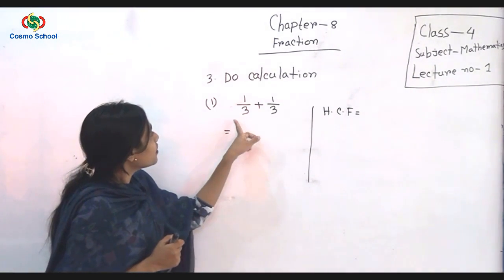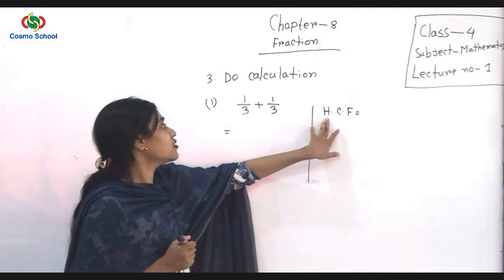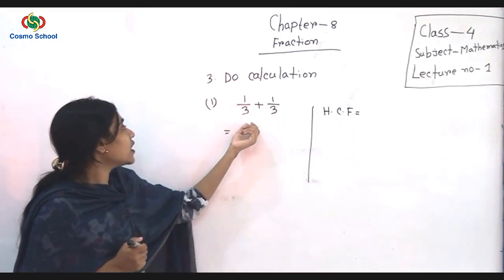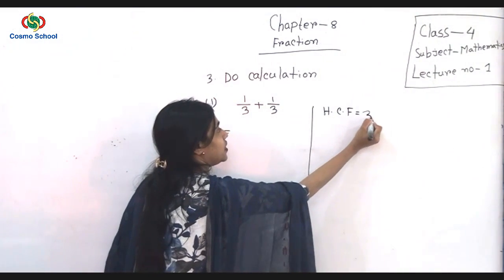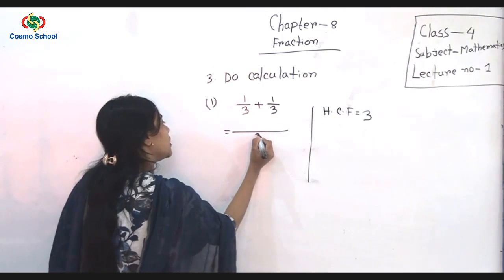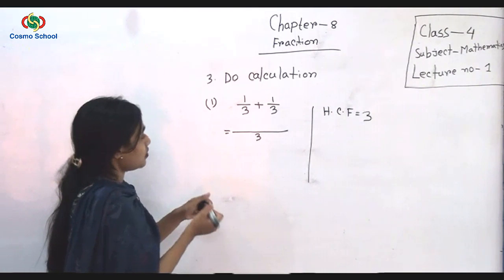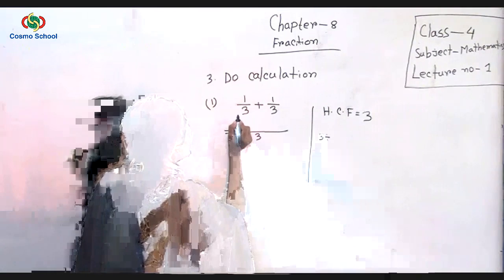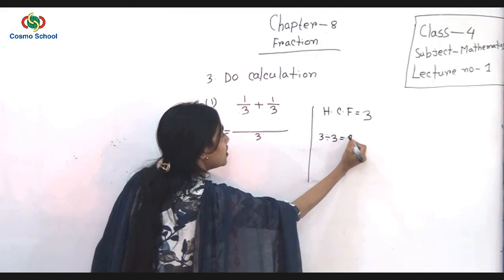In this fraction addition, at first I will find out the highest common factor. Here denominators are same, so the highest common factor is 3. Now I put it as a denominator. It is divided by the first fraction's denominator, and I get the result 1.